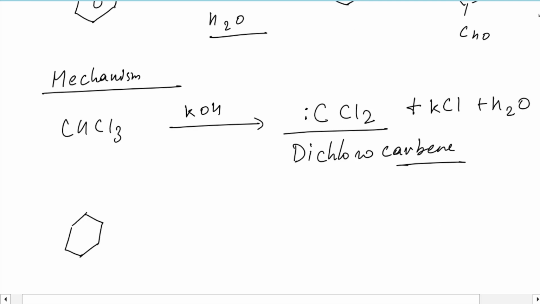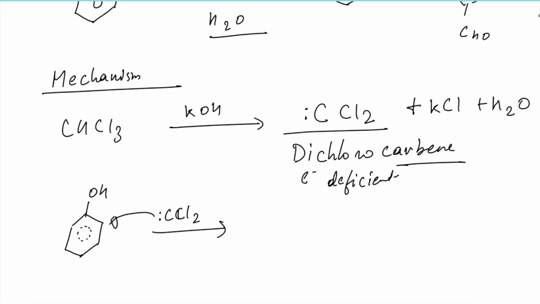Now, this dichlorocarbene is an electron deficient species, so it will behave like an electrophile. This dichlorocarbene will attack the ortho and para positions of phenol, and the ring will lose its aromaticity for an instant.